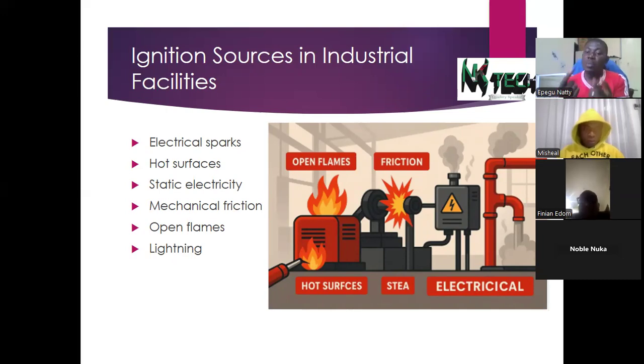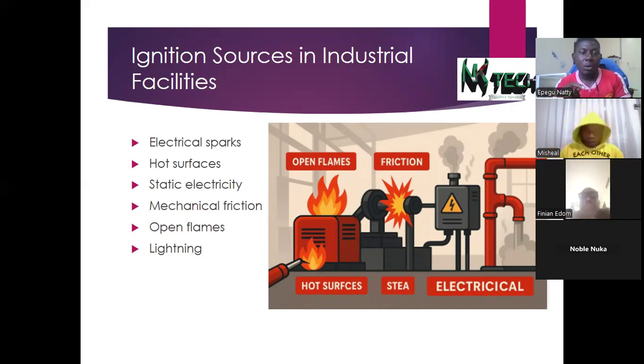There can be a spark, but something can prevent the spark from igniting the vapor outside. That's why selection of your junction box is very, very important. There are different grades of junction box that can be selected to prevent any spark. So that is why you need to know this HAC very, very well.